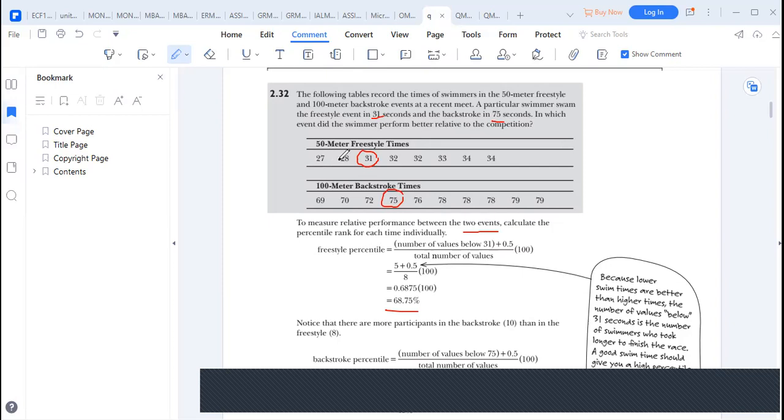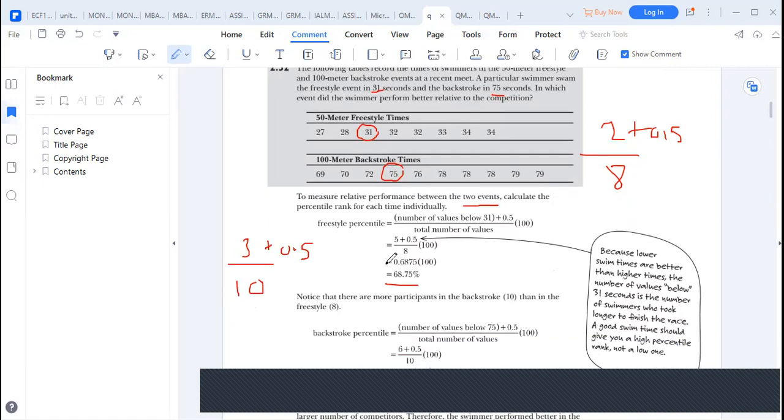If you do 2 divided by 1, 2, 3, 4, 5, 6, 7, 8, that is 2 over 8 plus 0.5, that is individually, and this is 3 over 1, 2, 3, 4, 5, 6, 7, 8, 9, 10, which is 3 over 10 plus 0.5.